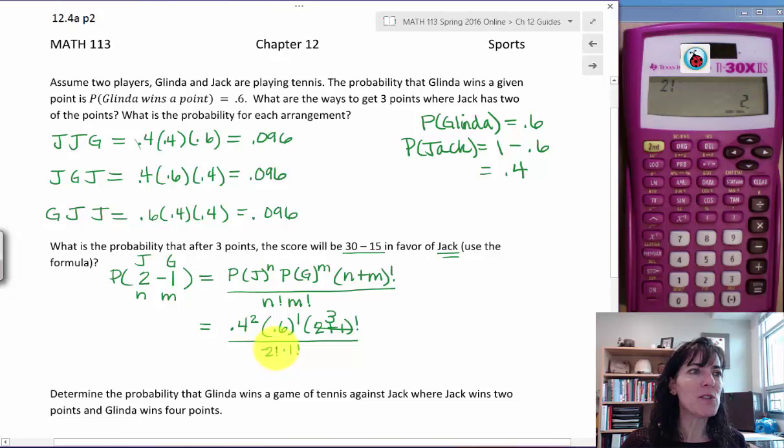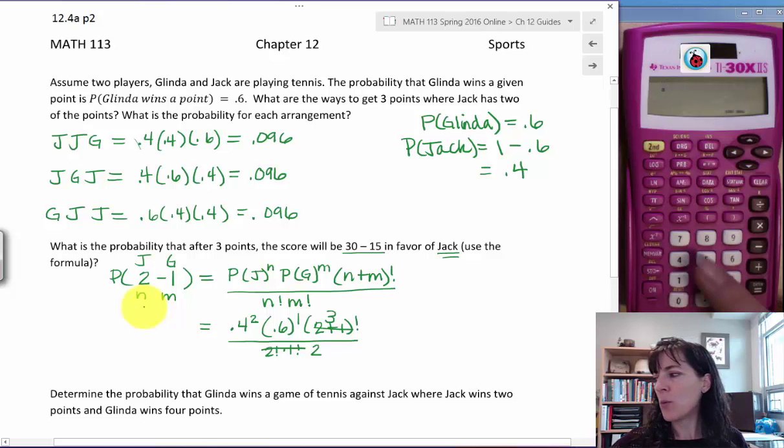There's only 1. So this whole denominator comes to a 2. And then I can look at the 3 factorial. I can write it out as 3 times 2 times 1. And then I know that that 2 in there is going to cancel with the 2 down below. Or I can just work these out on the calculator. So I'm going to show you that just so that you have that option as well.